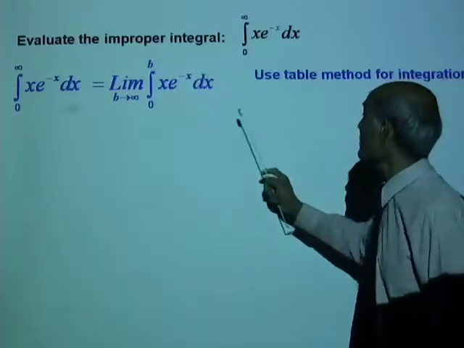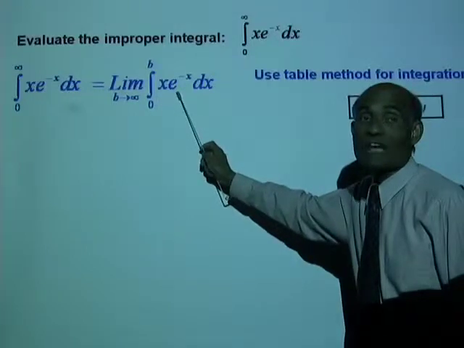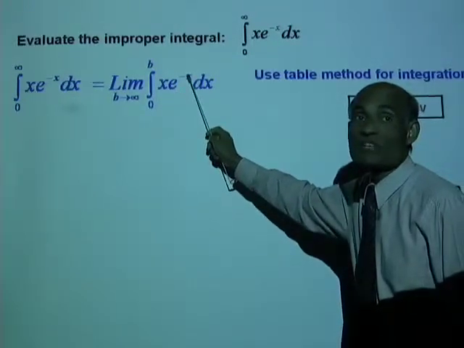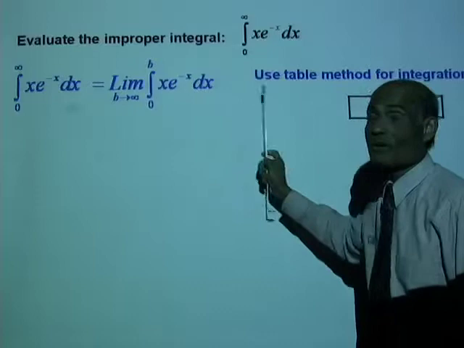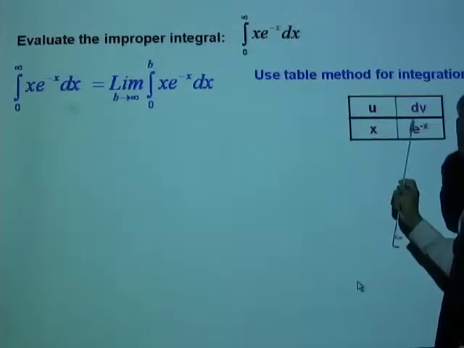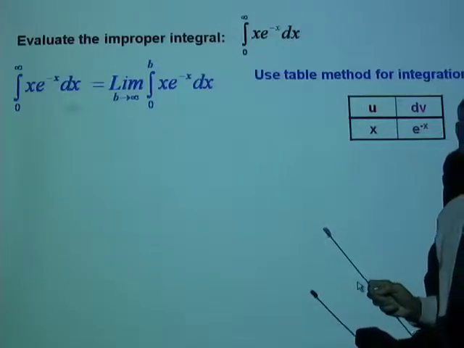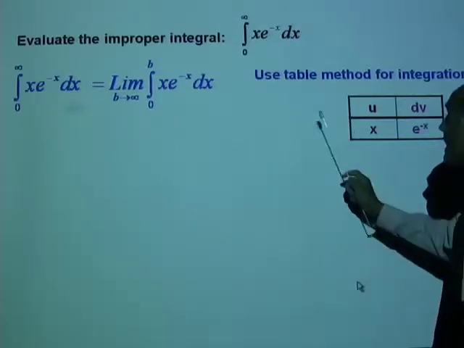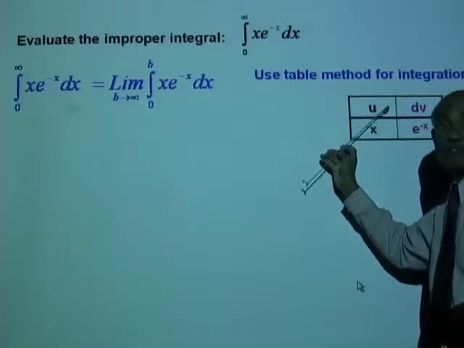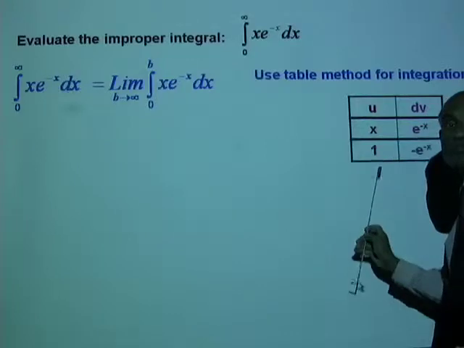So the table method, where u is our x and dv is e to the negative x dx. Is that right? And find the derivative of u continuously until you reach 0.